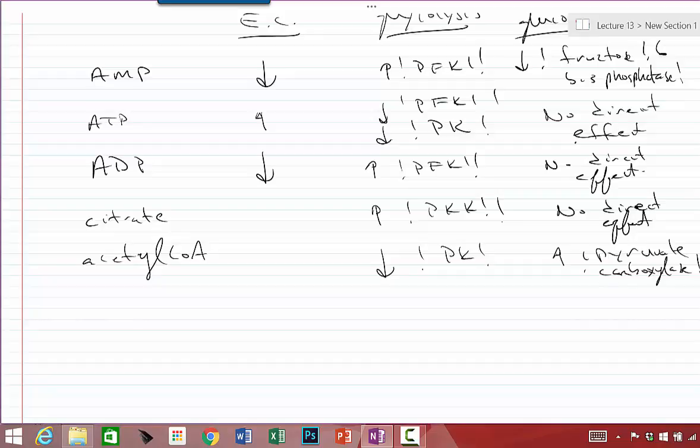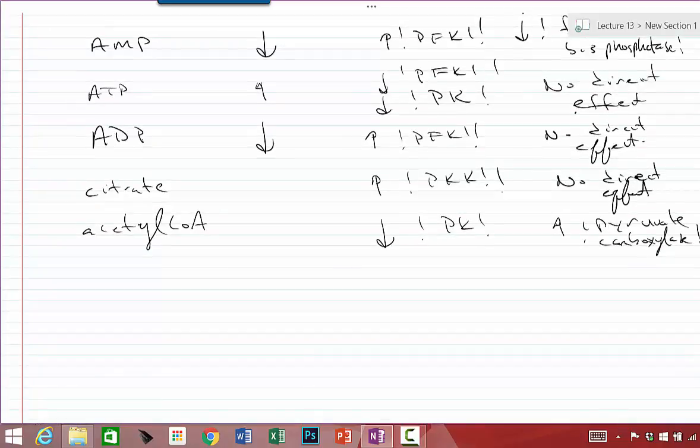Does anybody remember the name of the cofactor that's used in pyruvate carboxylase? Biotin. Just went over it, right? So pyruvate carboxylase puts a carboxyl group onto the pyruvate and makes it oxaloacetate. Biotin is the cofactor used for pyruvate carboxylase.